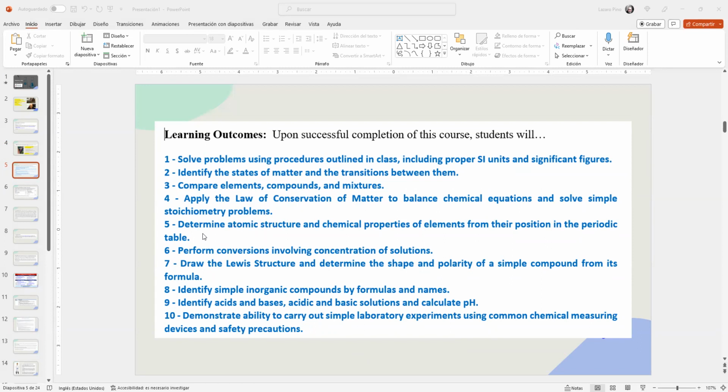Also, you will see the atomic structure and chemical properties of elements and their position in the periodic table. We are going to perform conversions and draw Lewis structures, learn about the shape and polarity of some compounds, and so on. You can see here many things that we are going to learn during this class.